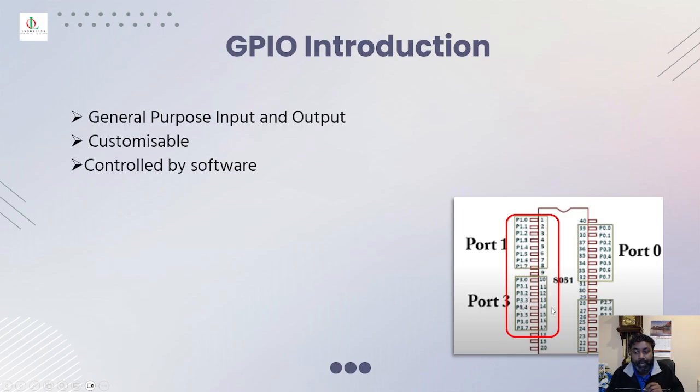The 8051 is a 40 pin IC, a microcontroller, and as you can see, it has 1, 2, 3, 4, 5, 6, 7, 8. So 8 times 4, it has 32 GPIO pins. Likewise, in every microcontroller, the GPIO varies.